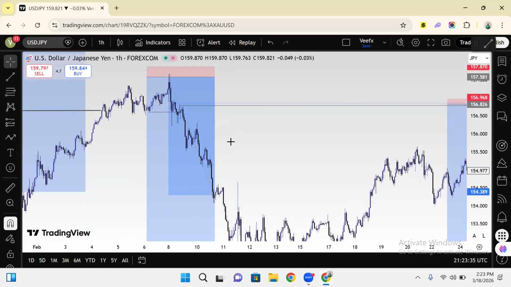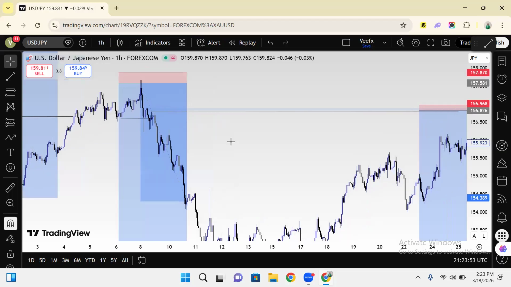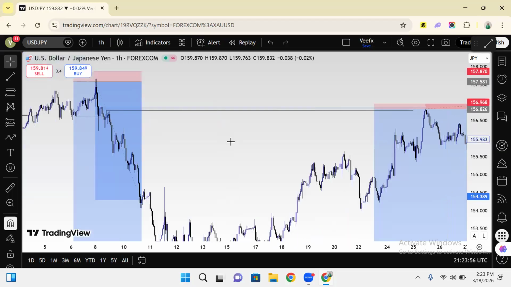It's not just when you see a double break of structure that you just rush and enter. There are other things you need to see the market give you before you enter, which I am going to show you guys. But I'm just introducing you to the concept of joining a continuation trend or taking a reversal. I hope you understand. I hope you're following. Yes, sure. All right, cool.